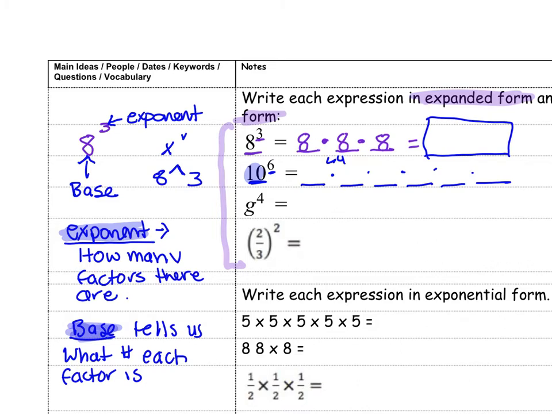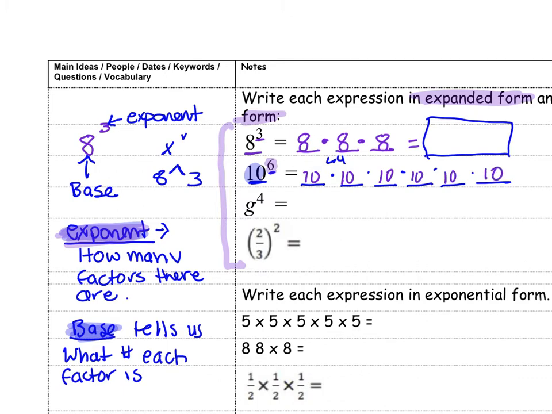And this is the exponent. So I should be color coding. So I know that I have my 6 blanks, and my base tells us what each factor is. So I'm going to have 10 times 10 times 10 times 10 times 10 times 10.